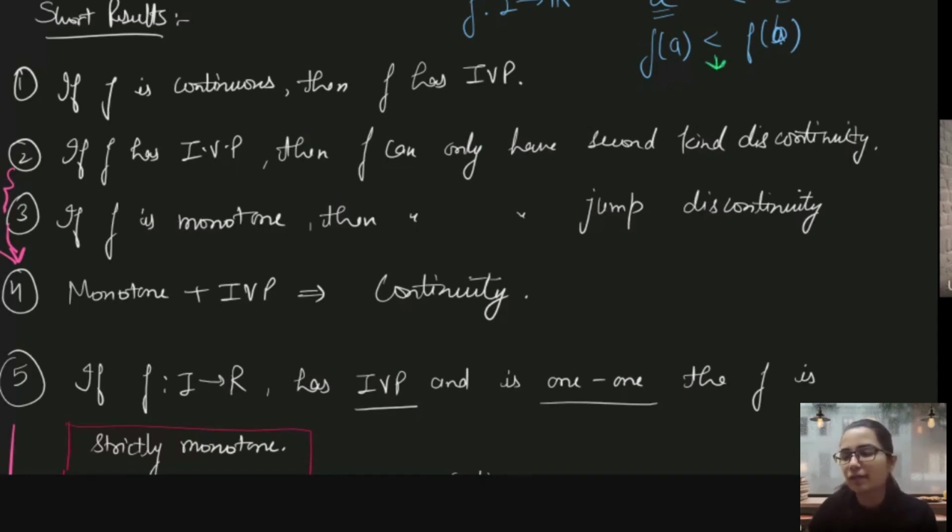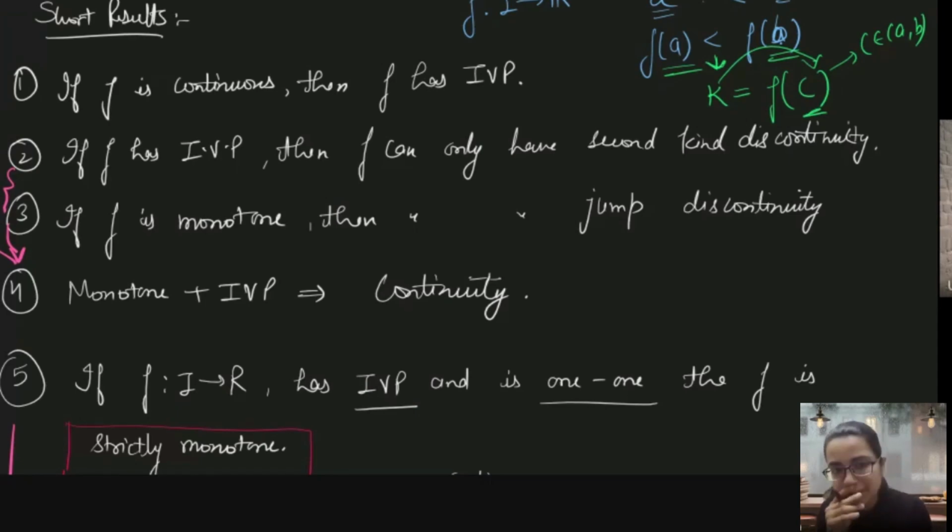Obviously, there are infinite points between them. Let's say that point is K. If you find a point K between f of A and f of B, then that point will be the functional value of some point C, and C will lie between A and B. So that was the intermediate value property.